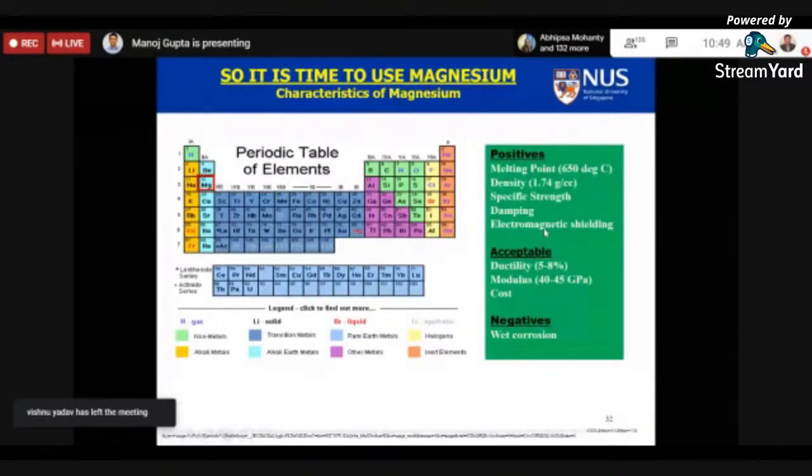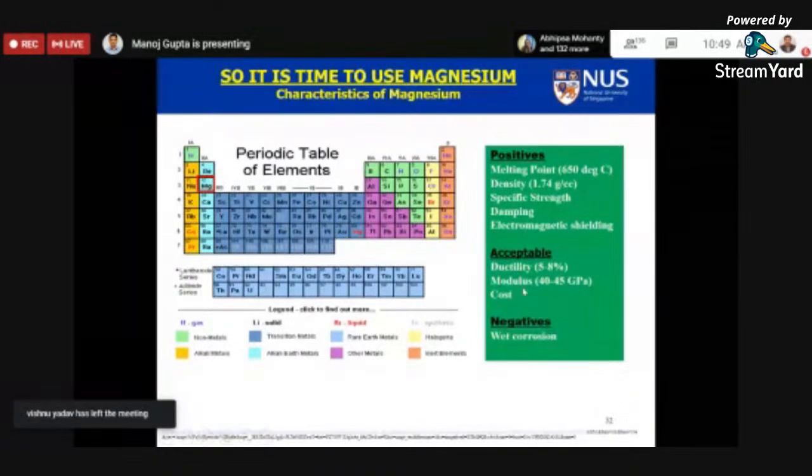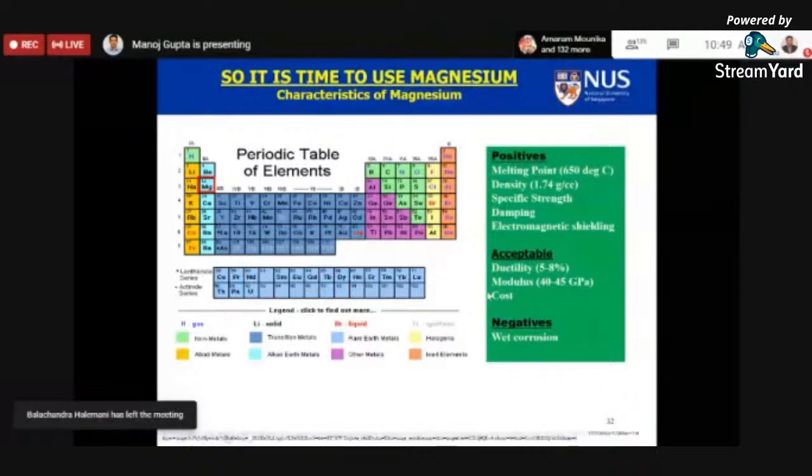It has reasonably good ductility, reasonably good modulus, and reasonably good cost, slightly higher than aluminum. The only negative it has is that it tends to corrode more. So you have to use this material with proper alloying or proper surface protection.